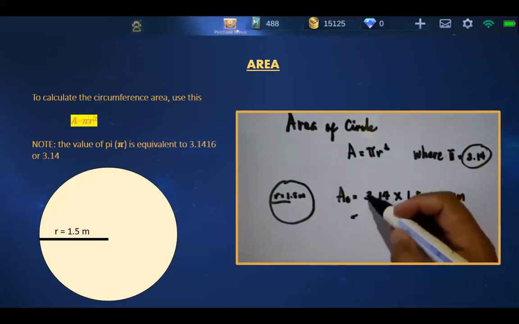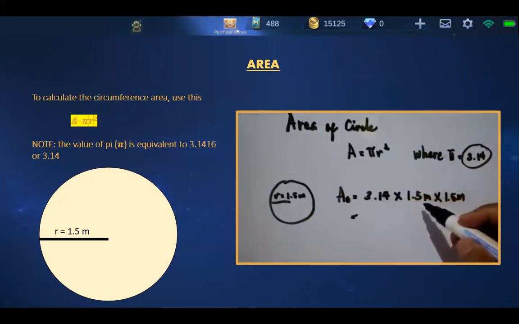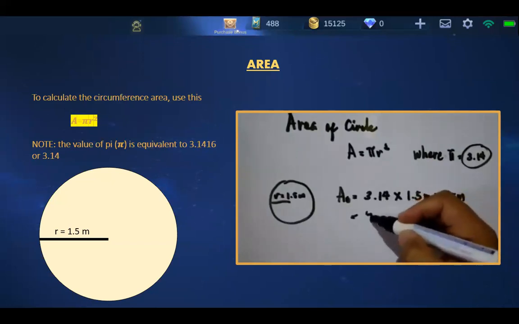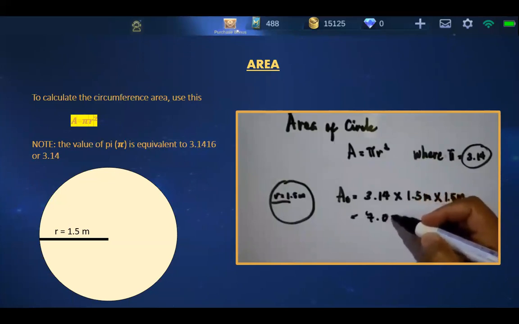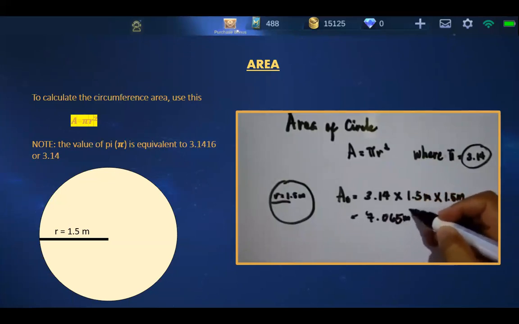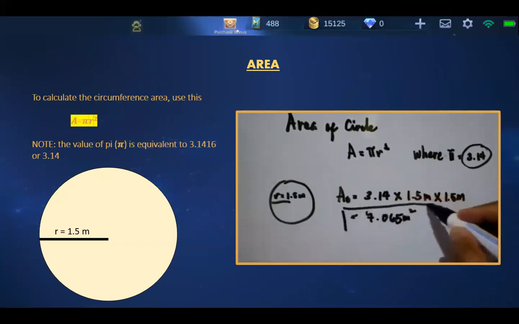So multiply 3.14 times 1.5 meters times 1.5 meters. The answer is 7.065 meter squared. So this is the area of the circle.